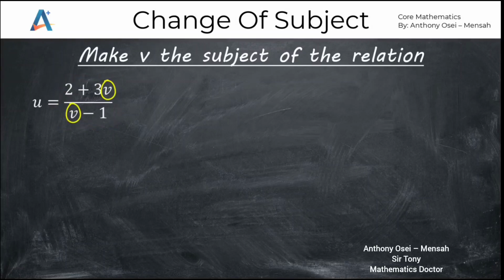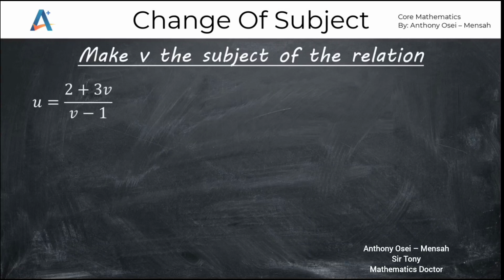First of all, we have a fraction in the relation, and if you want to do away with the denominator of the fraction, you have two different approaches. We will choose one: using cross multiply or using the LCM approach. The cross multiply will be the best, but you can still use the LCM approach.